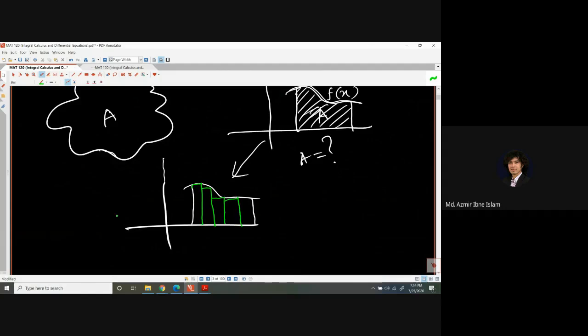So if we sum up the area of all the rectangles, then somehow we will get the area of this shape.